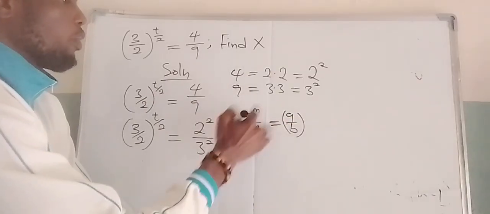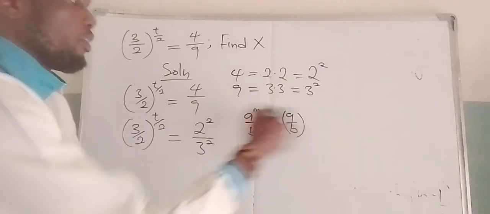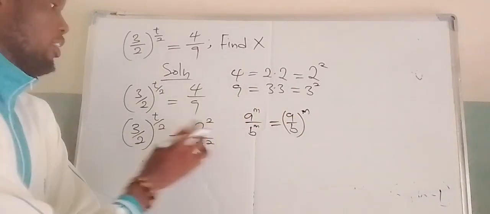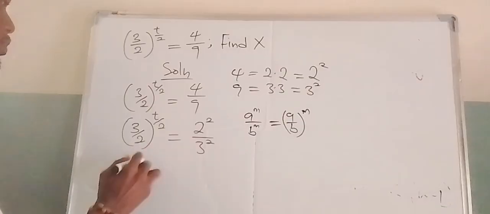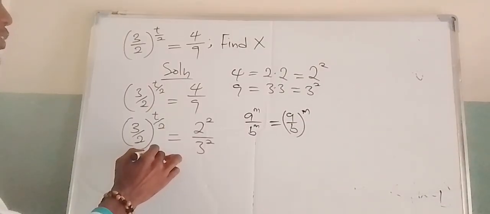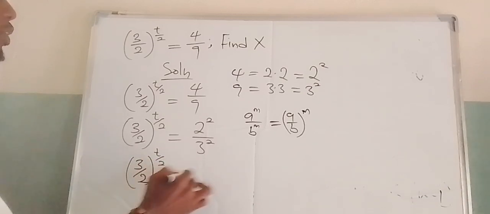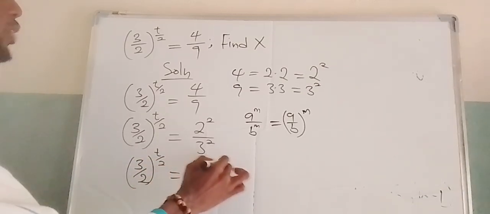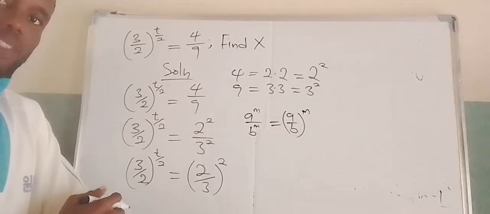The powers are common, so you can just take one. Applying this, we have (3/2) raised to x/2 equals (2/3) all raised to 2.